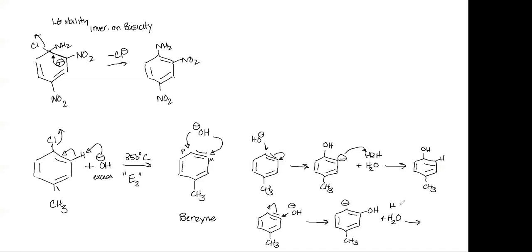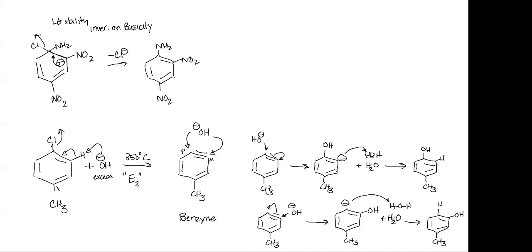And again, if I have water here, the minus charge will deprotonate the hydrogen from water, so that I'll end up adding the hydroxide group meta to the methyl group.